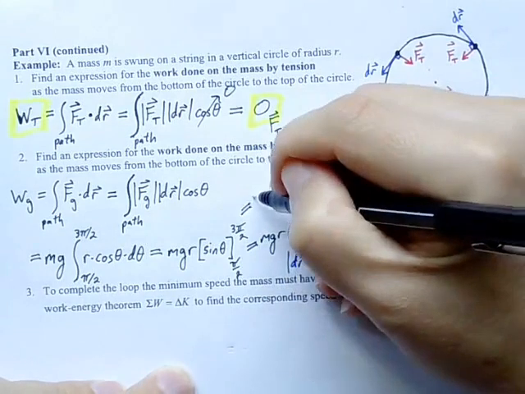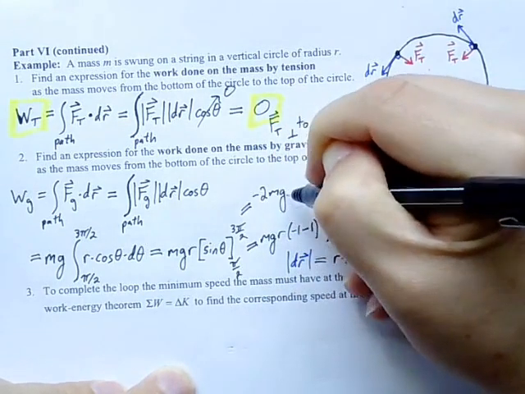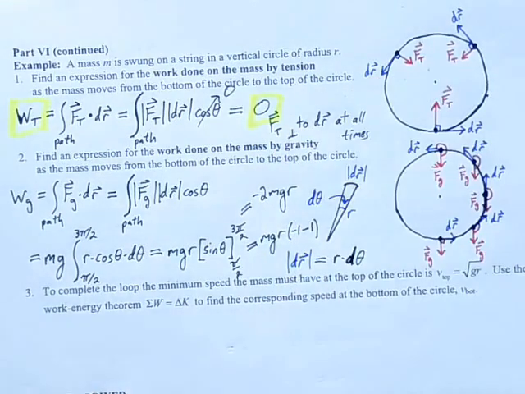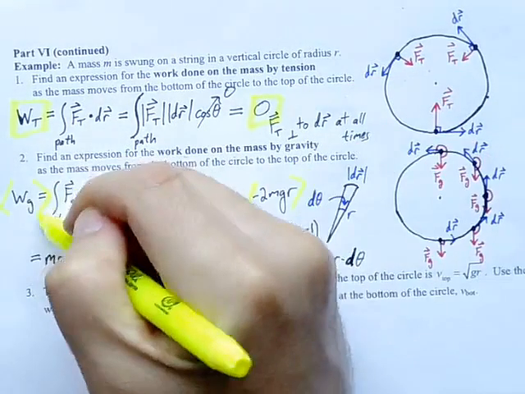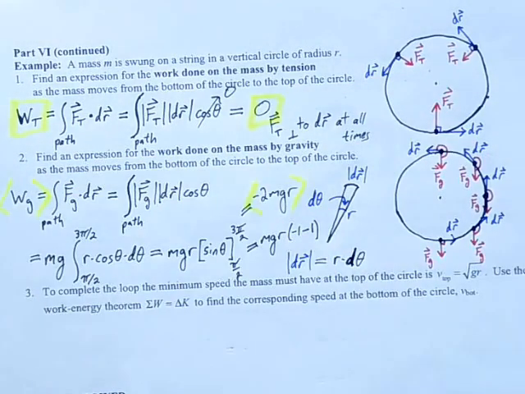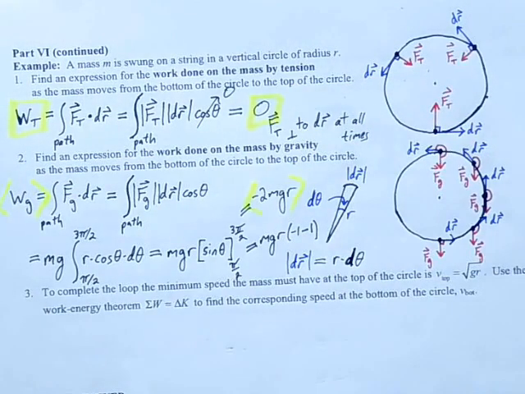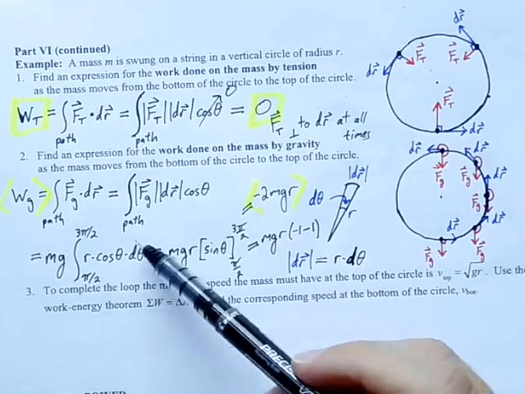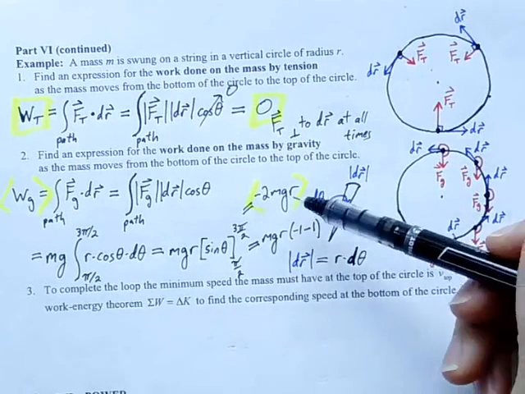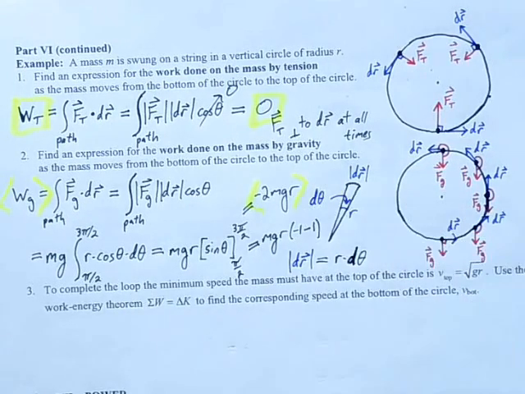So -2 mgr is our result for the work done by gravity along that path, -2 mgr. And the result, which required an evaluation of this trigonometric integral here, should be of no surprise.